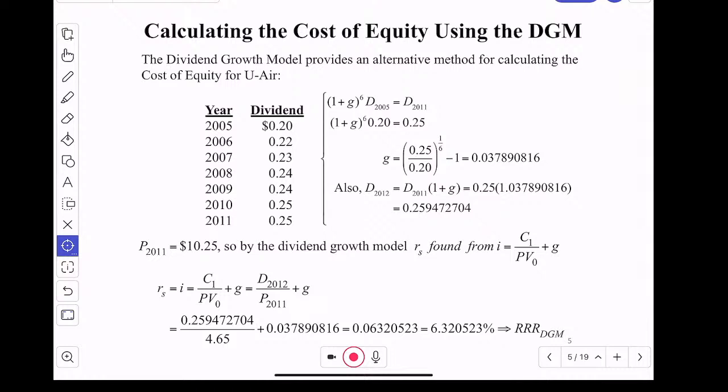The dividend growth model comes from the case that dividends are growing at a constant rate. We could calculate the price of an asset using this formula. So we could value stock for a firm that has constant growth using this.